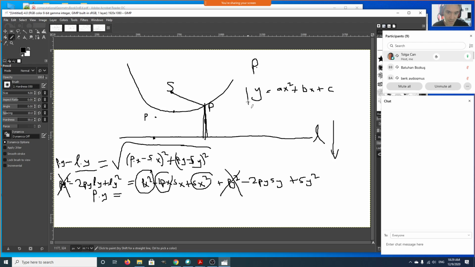So it will be an equation of a geometric object that looks like this. And what is this? A parabola. By changing these a, b, c you are going to get yourselves a parabola.